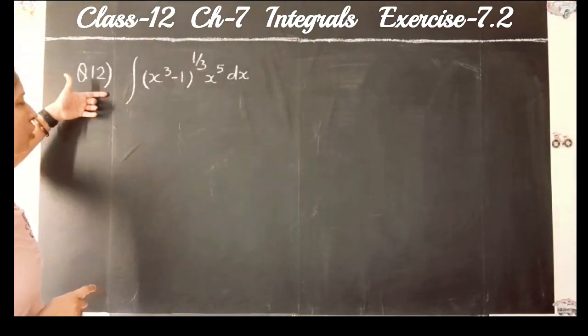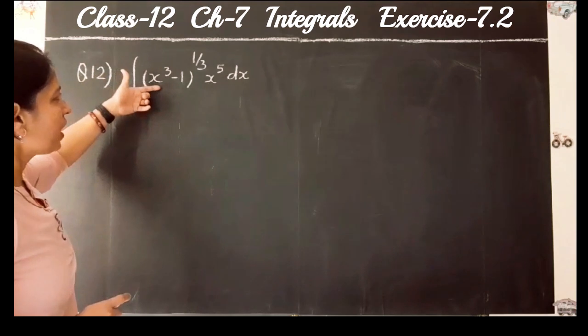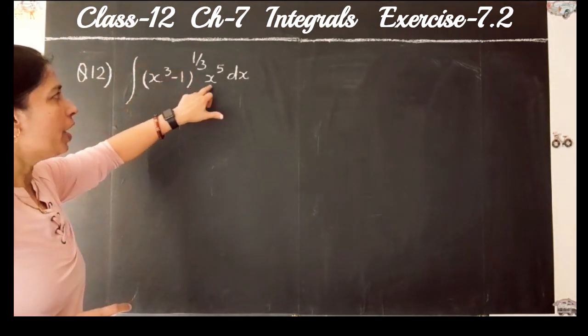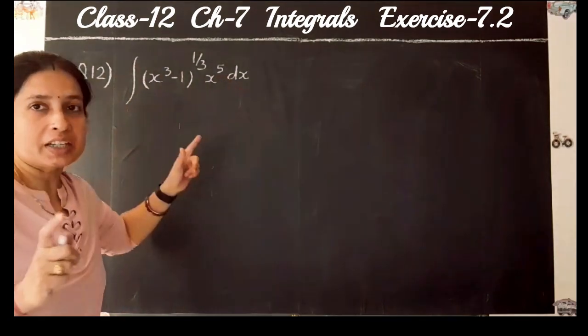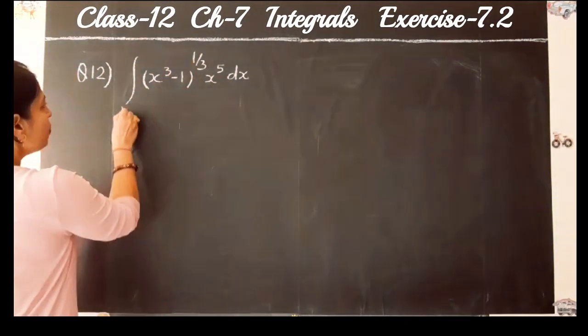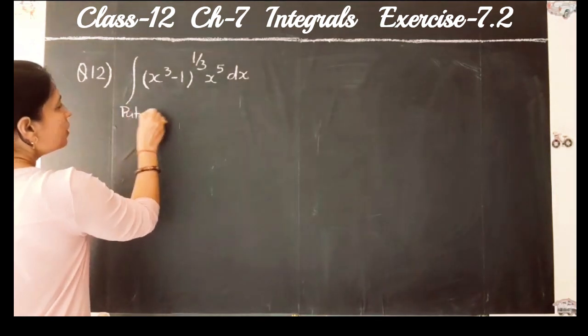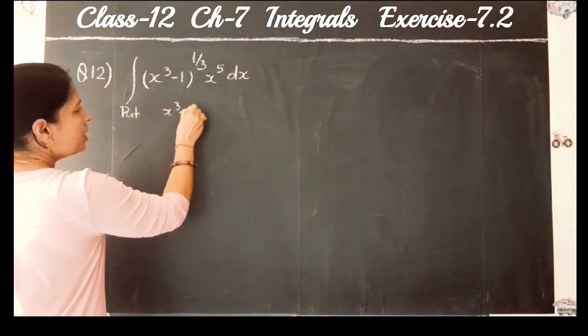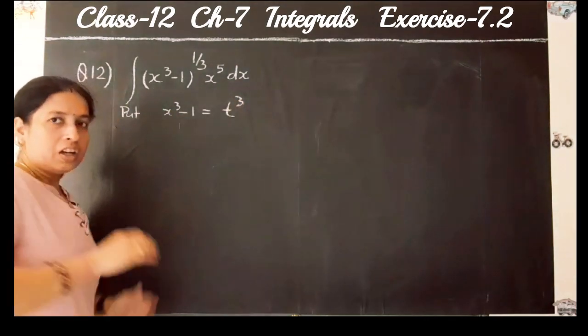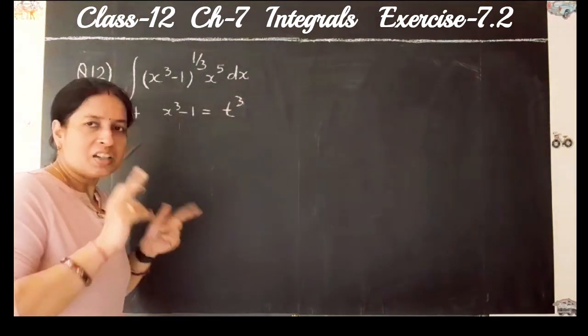Now question number 12. It is the integral of x cube minus 1 to the power 1 by 3 into x to the power 5 dx. Here power is given 1 by 3, so we put x cube minus 1 is equal to t cube. Now differentiate both sides with respect to t.